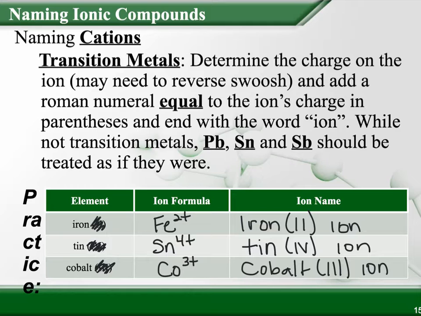You might not be given the formula, so you might have to do a reverse swoosh at some time. So maybe you had the formula Fe3N2. The way you would find out the charge on iron is look at nitrogen.